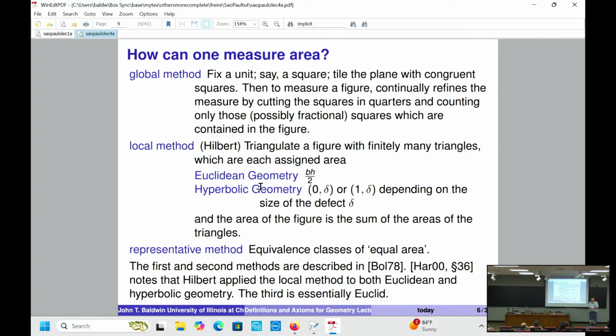You have units, and you see how many are there, and when your squares are too big, then you have to go to smaller squares, and smaller squares. So this is essentially a limiting process. A lot of mathematics is based on that, and the people who are based on it that way just don't even think there's any other kind.